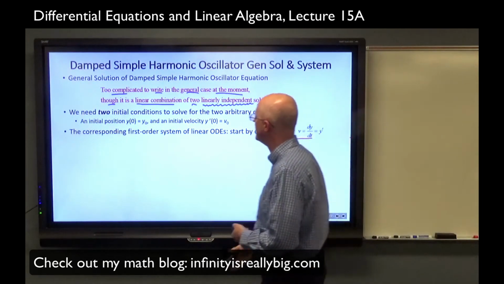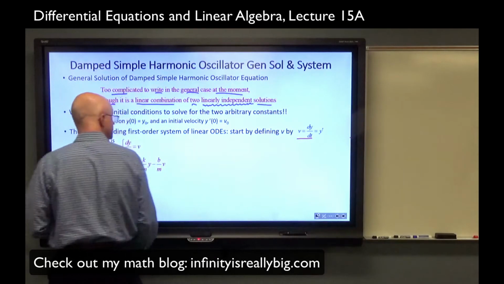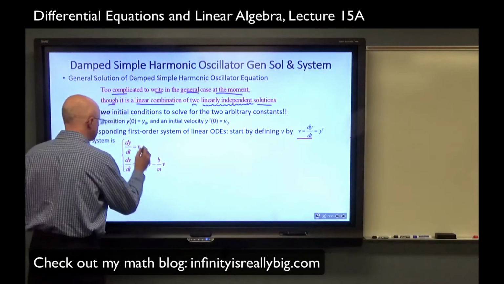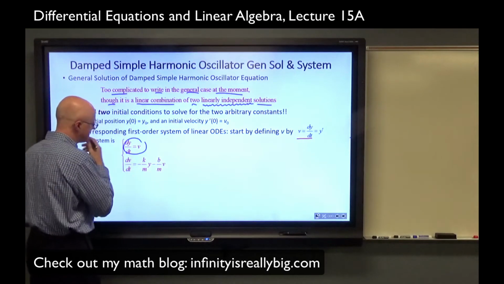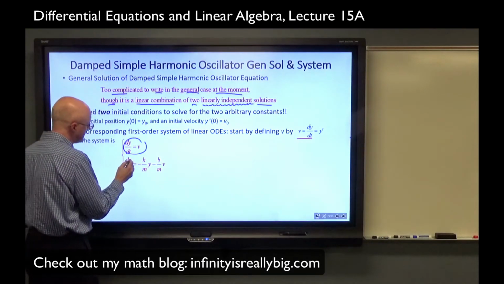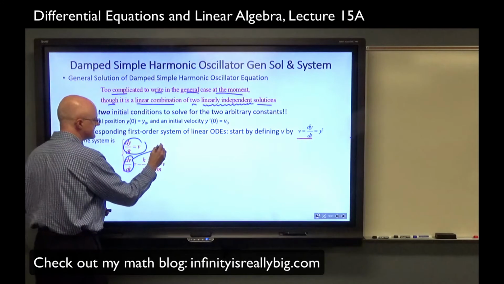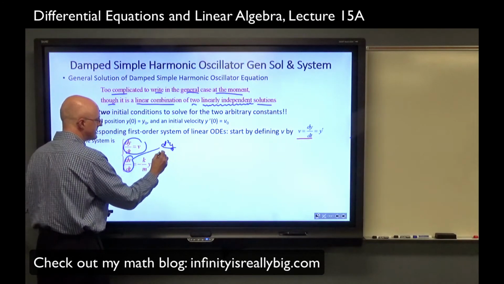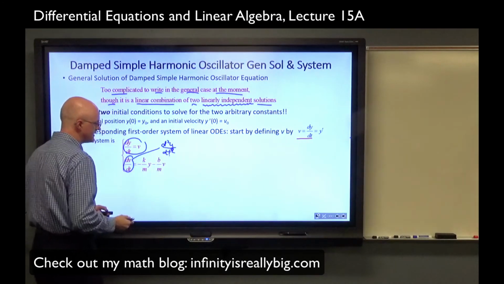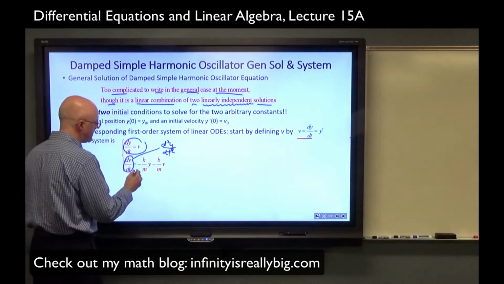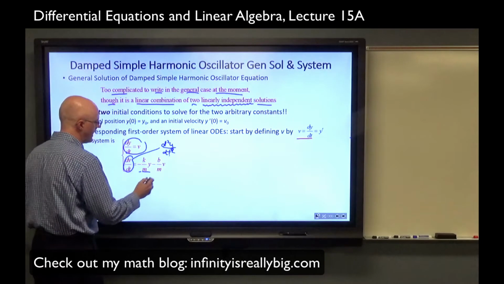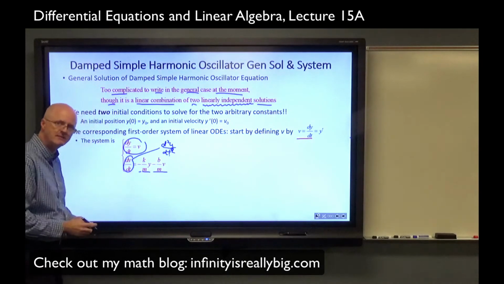That's going to be one of the equations in the corresponding system, the top equation right here. dv dt is in the second equation. We know dv dt is the second derivative of y with respect to time. It's the acceleration. And by one of the lines on the previous slide at the bottom, that will equal negative k over m times y minus b over m times v.